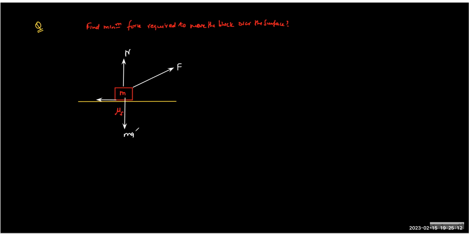And because we're trying to move the block, we have to overcome the limiting friction, right? So I'm going to add Fs max. I don't know how F is acting, but I know one thing. To make the diagram simpler, I'll replace the block with a dot. It is also easy for you. And then you can see the force acting, R, is like this.